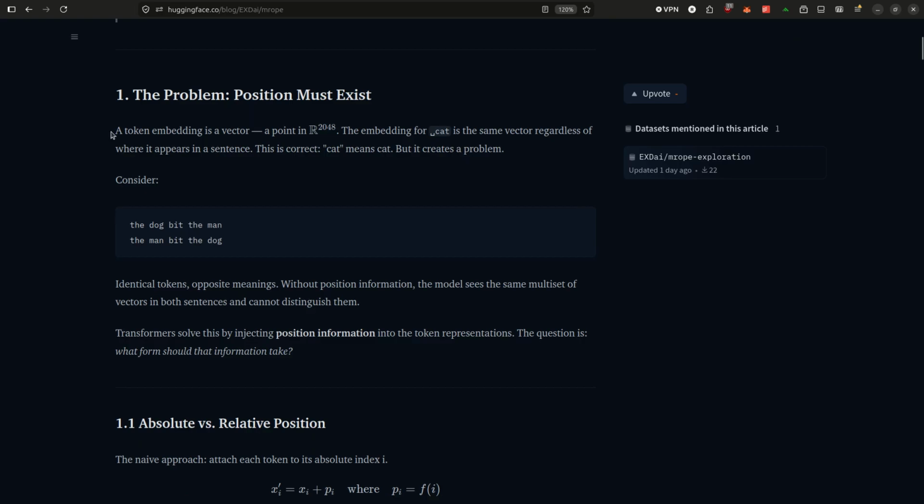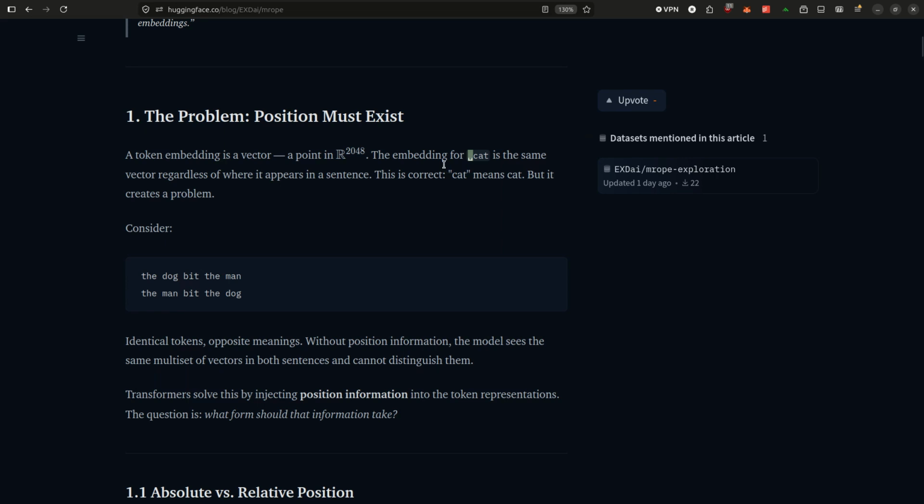We already know that a token embedding is a vector which points to a point in a 2048 dimensional space of real numbers. So the embedding for cat, which happens to be cat with a space before it, if you remember, is the same vector regardless of where it appears in the sentence. Which makes sense.